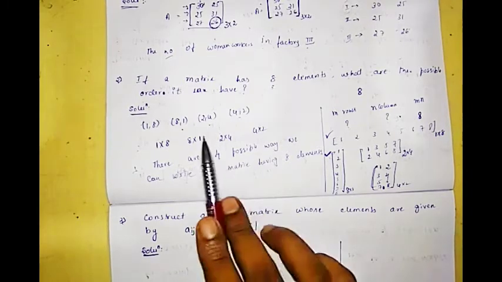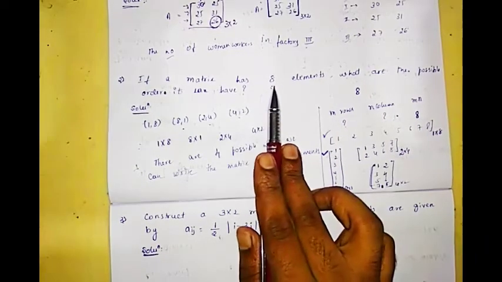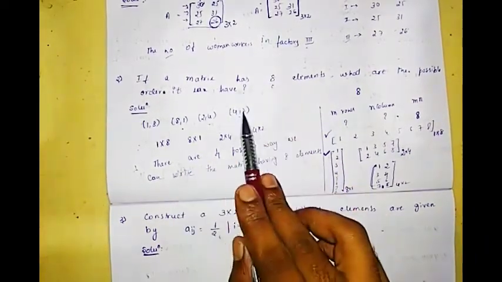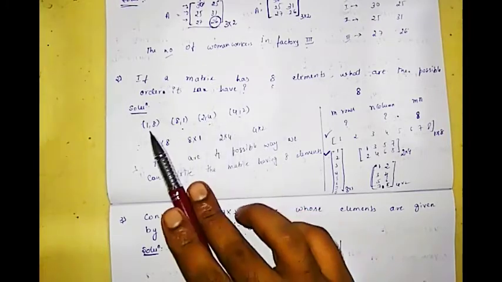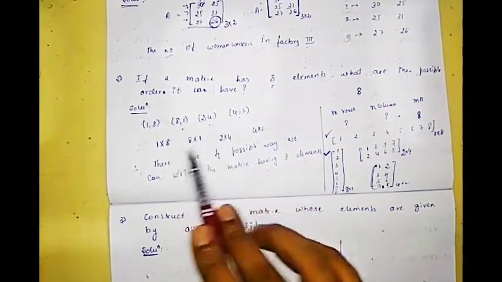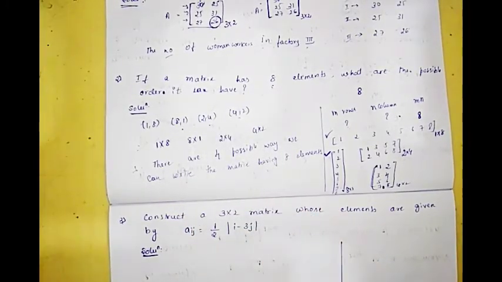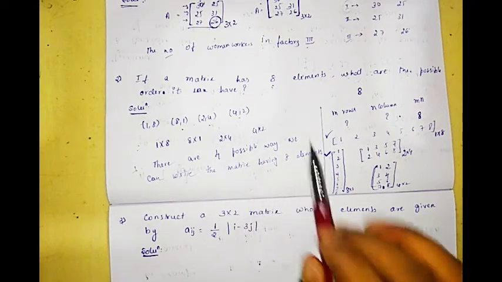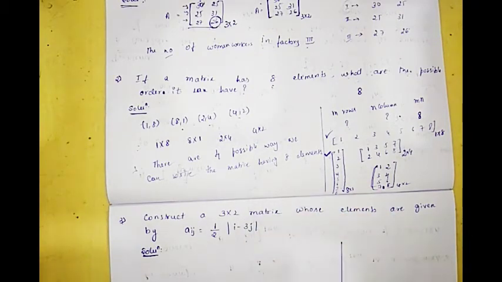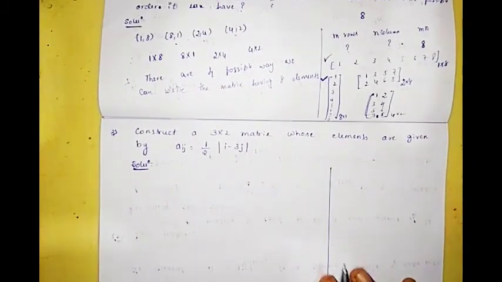Simply, how to find it: write the products that give the answer 8. Right, so however many products we can write, those will be the possible ways we can write matrices having 8 elements. In the next problem, this is the final problem for this class.